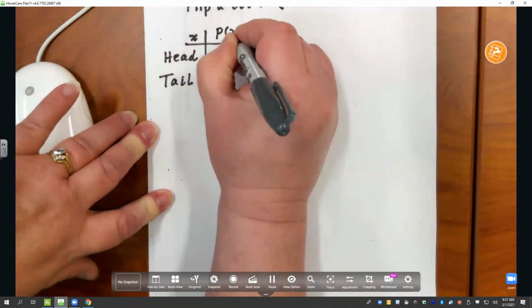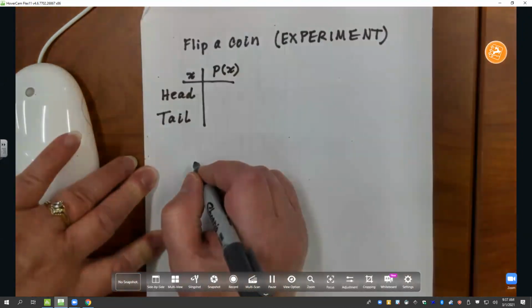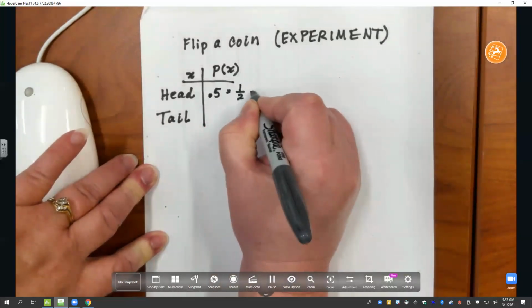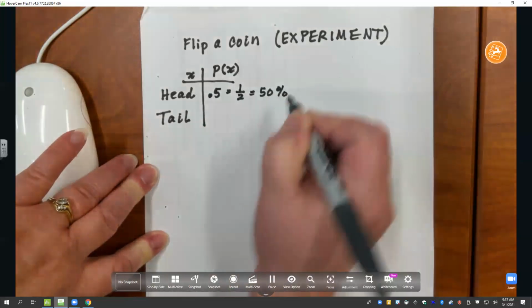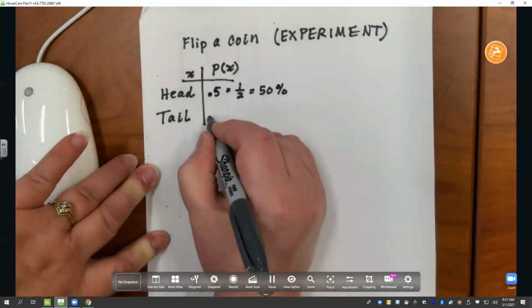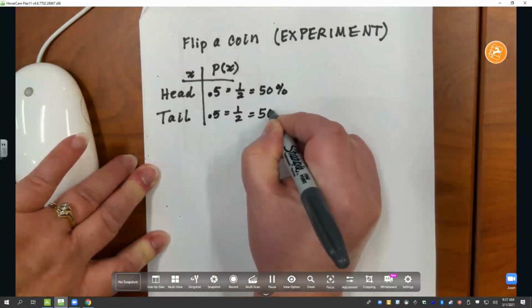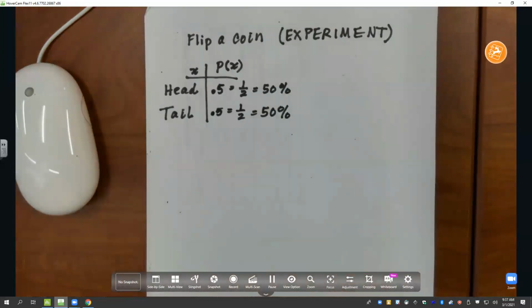And most of us know that the probability of a head is 0.5, 1 out of 2, or 50%, depending on how you wish to write it. And similarly, it's also 0.5, or 1/2, or 50% for a tail. And so that little table there with that simple example is a probability distribution. It tells us what should happen if everything works the way it's supposed to.